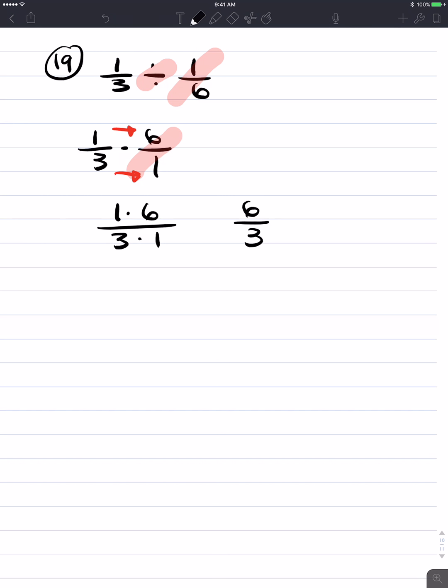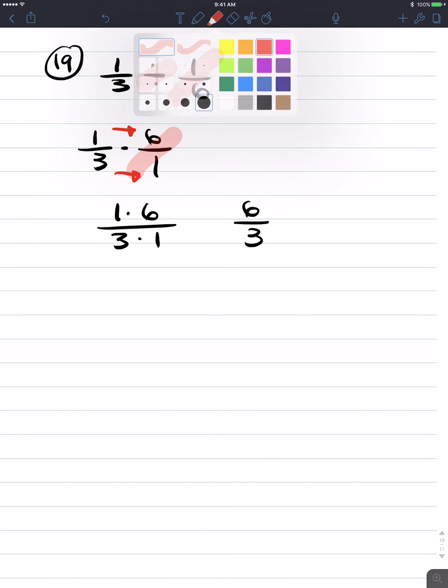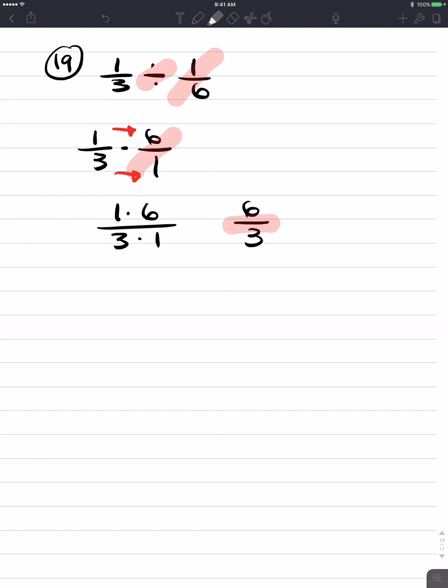I can break these fractions down, but notice I have 6 divided by 3. This operation is division, so that 6 divided by 3 is the value 2. I am done.